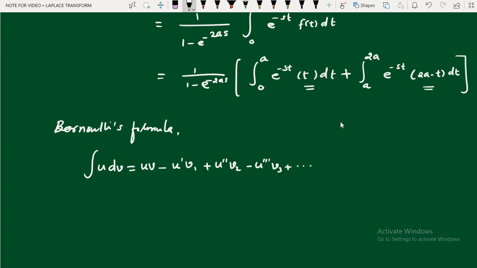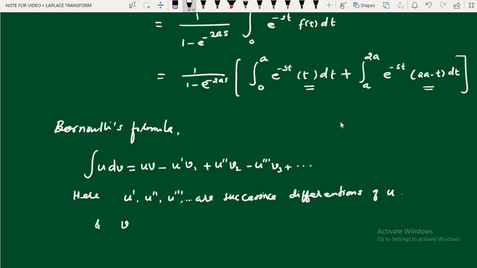Like that it goes. Here u dash, u double dash, u triple dash, etcetera, are successive differentiations of u, and v1, v2, etcetera, are successive integrations of dv.